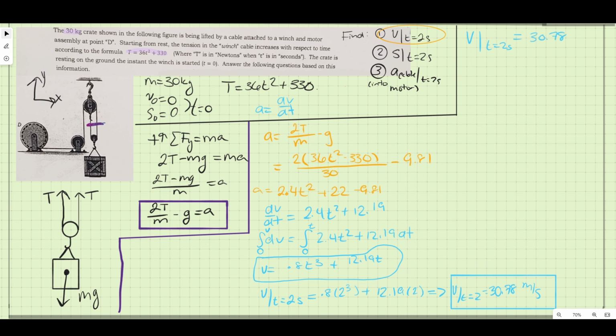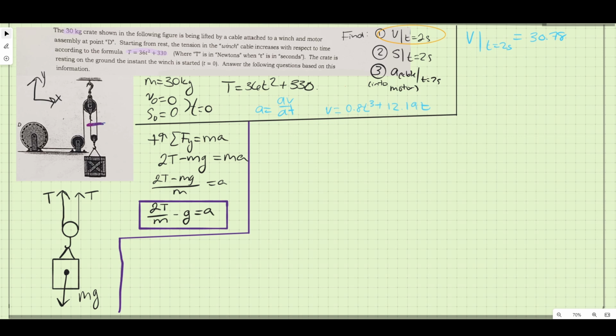And we'll also want to hold on to our velocity equation, which I'm just going to pop back up here and say that velocity is equal to 0.8 t cubed plus 12.19 t. And let's go ahead and get rid of this other writing for the moment, so we can move on to the second part of our problem.